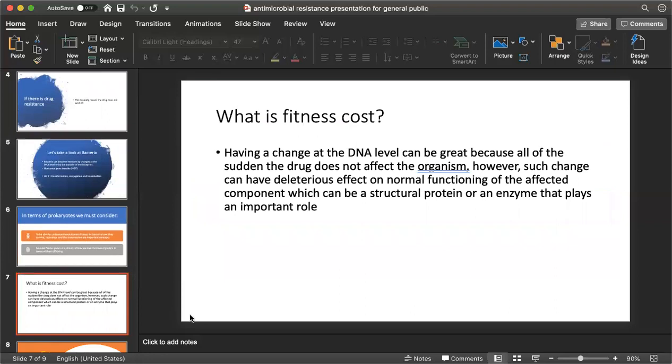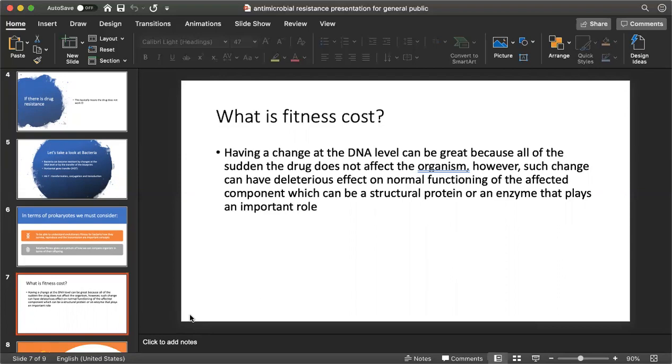Now, there is something called fitness cost. And having a change at the DNA level can be great because all of a sudden the drug doesn't affect the organism. However, such a change can have a deleterious effect on the normal functioning of the affected component. And when I'm talking about component, I'm referring to how these drugs affect the component in the organism.